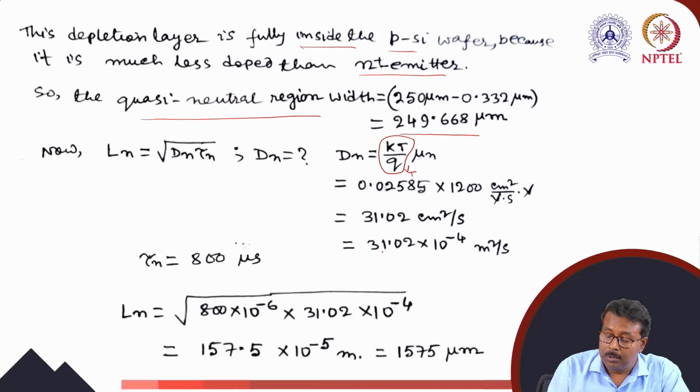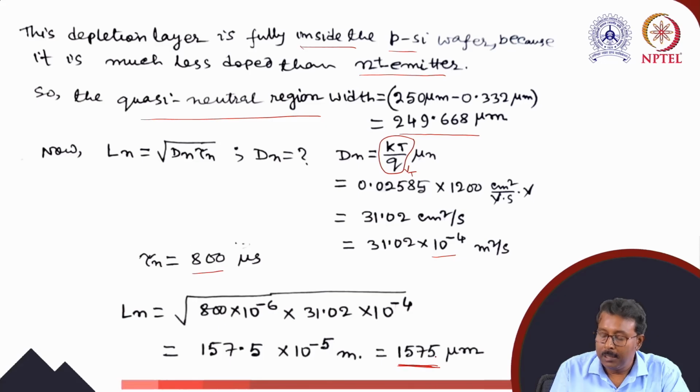You convert it to meter square per second by multiplying with 10 to the power minus 4, because centimeter is equal to 10 to the power minus 2 meter, so centimeter square will be 10 to the power minus 4 meter square per second. Once Dn is found out, tau n is given 800 microsecond. If you calculate, Ln becomes 1575 micron.